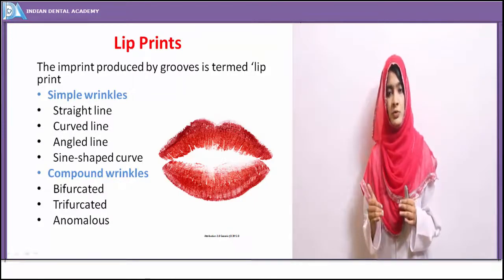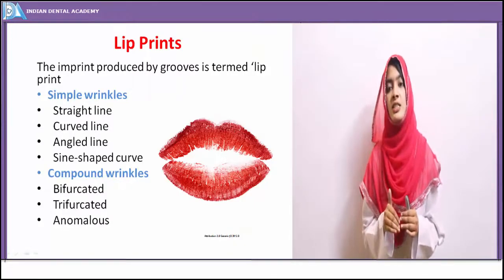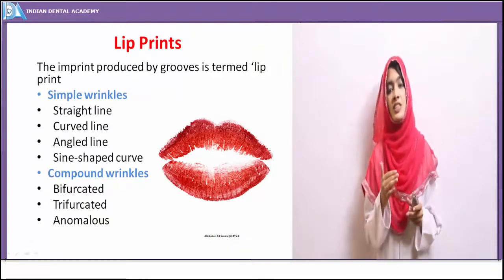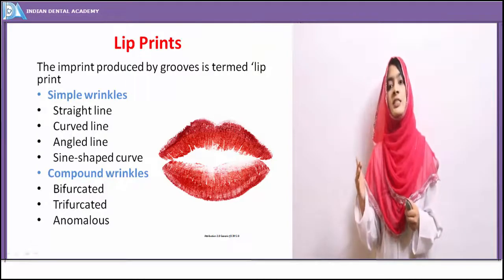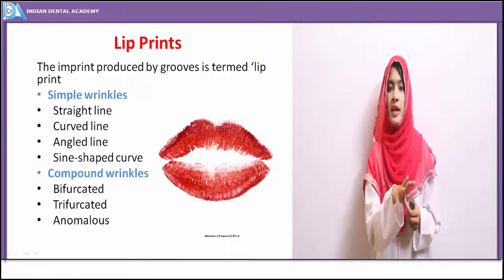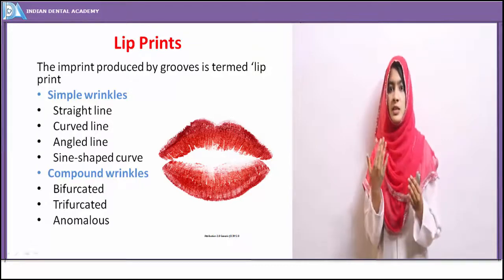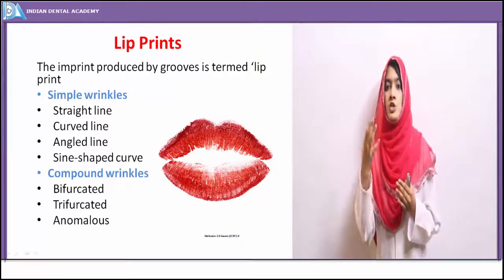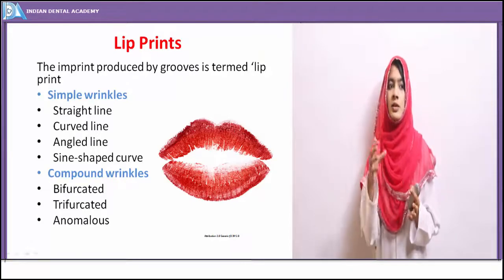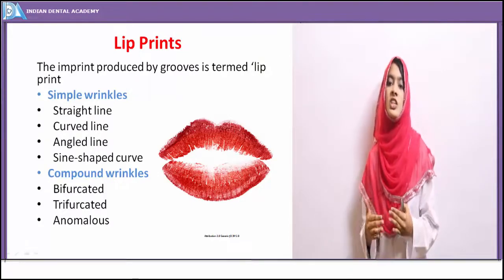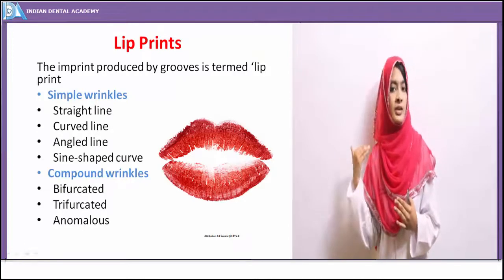In such instances or in cases of crime scenes, we have seen that lip prints, the marks left by the lips, are useful. A lot of people use lipstick on their lips, right? So any marks left by the lipstick, or the lip prints as we call them, help us in criminal investigation, identifying the suspect or the victim.